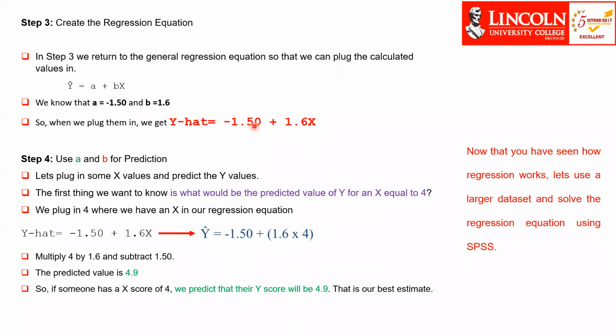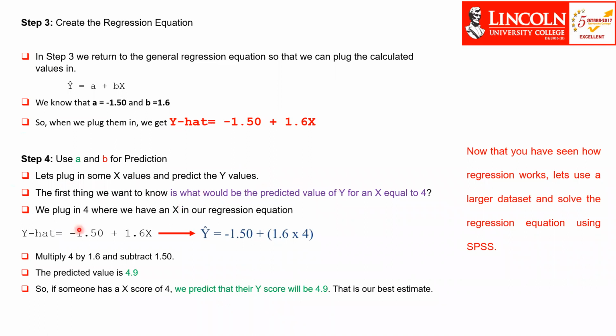Now we want to use A and B for prediction. So let's plug in X values and predict the value of Y. The first thing we want to know is what would be the predicted value of Y for X equal to 4.